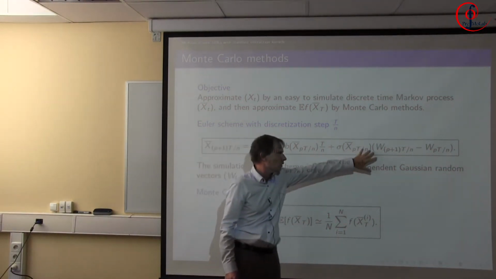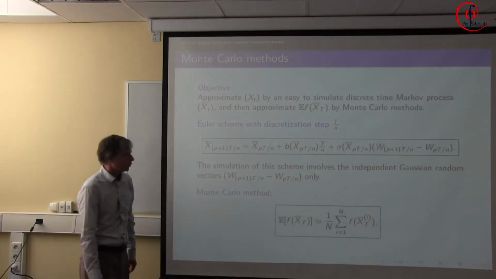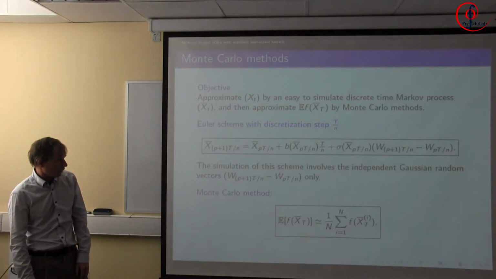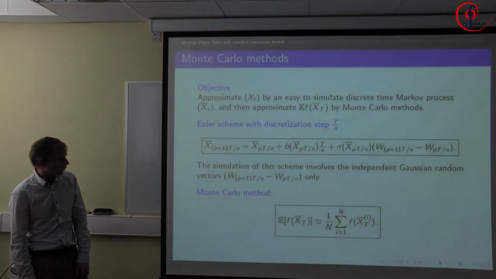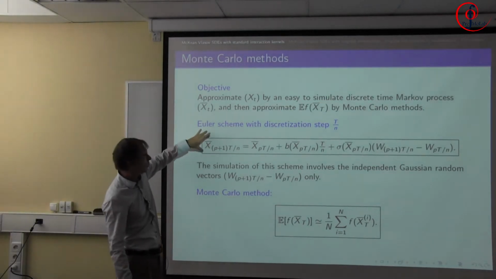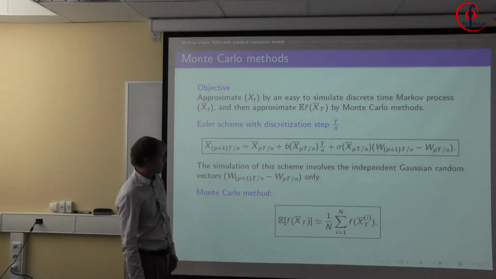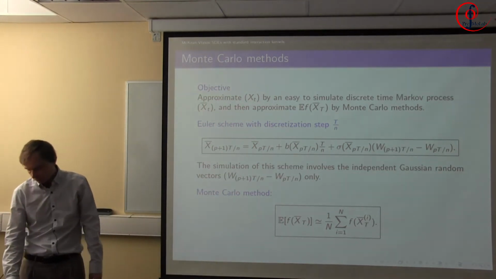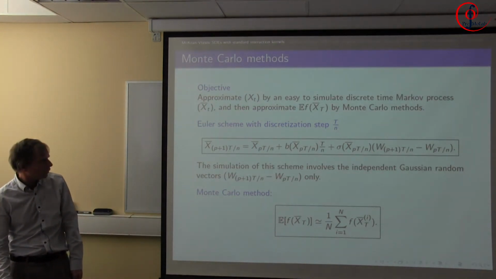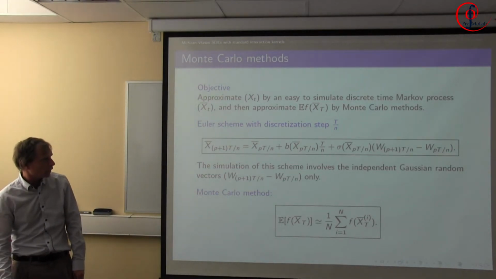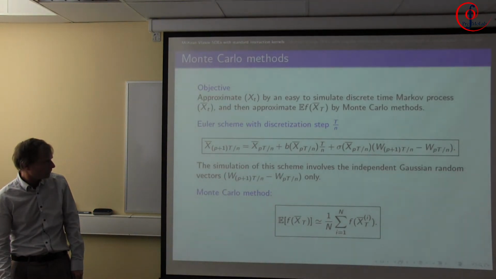And this is an Euler discretization, very naive but very efficient, of the stochastic integral. And the point is that the simulation of that scheme uses only the simulation of independent Gaussian random variables, because the Brownian motion has independent Gaussian increments.